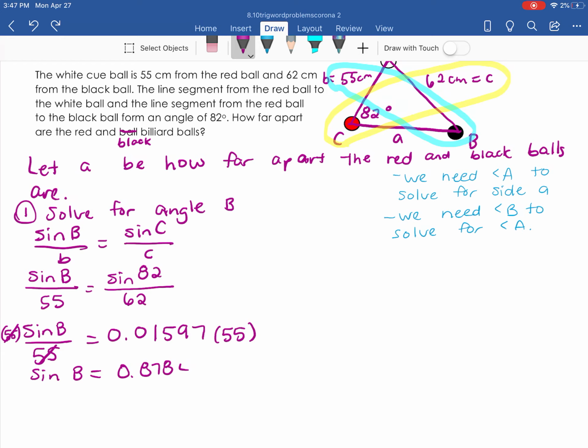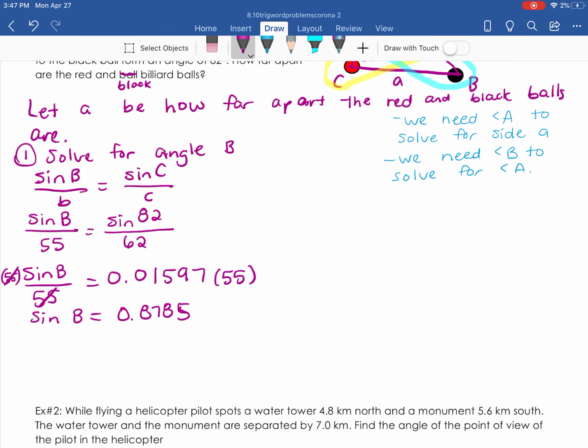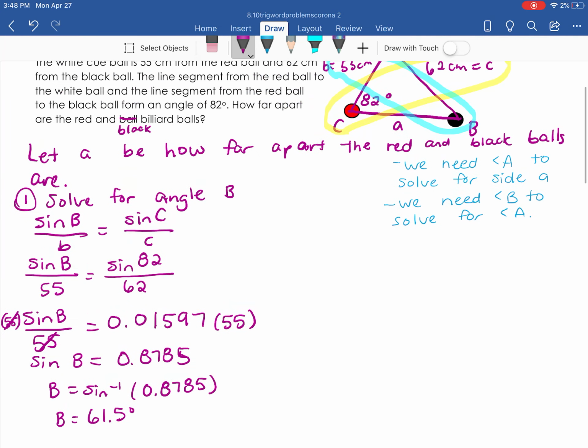Round correctly. Okay, and then we will do sine inverse. And we get 61.5 or 62. I would accept that. Okay, so if you want, you can go back and fill in your triangle.